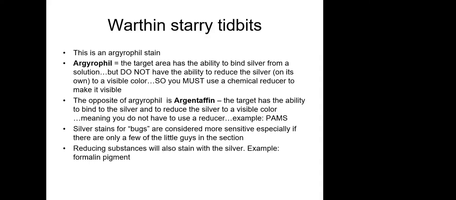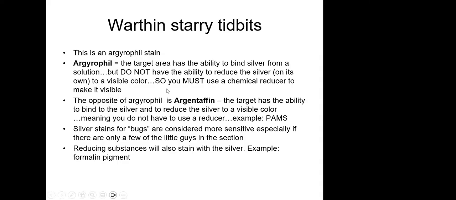That formalin pigment is also going to stain with the silver. Formalin pigment is considered a reducing substance, so it's going to grab a hold, and there are more reducing substances, and we'll get there in a couple chapters. But for now, formalin pigment is really the only reducing substance that you have encountered.